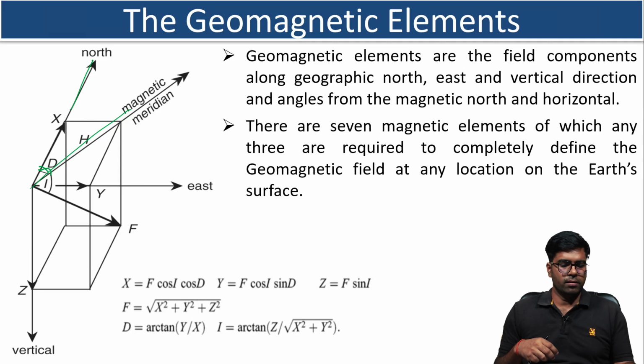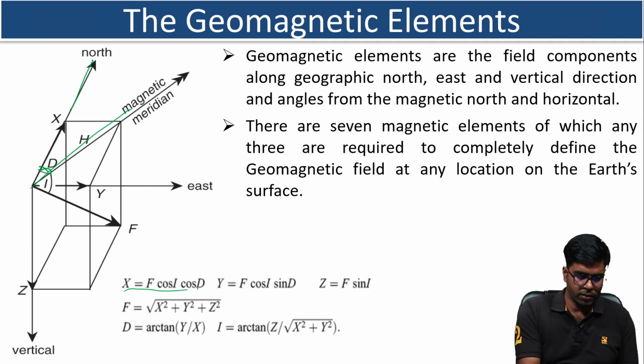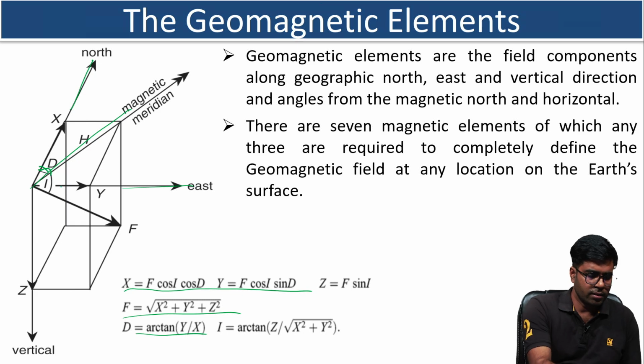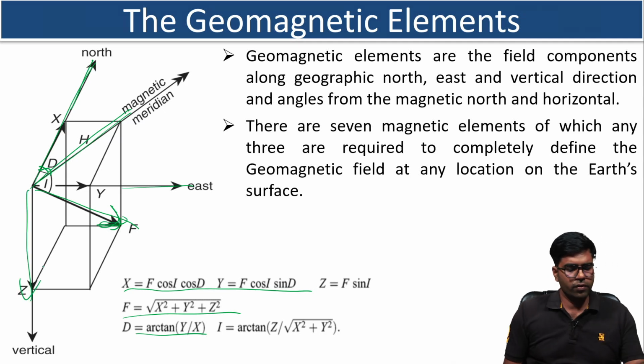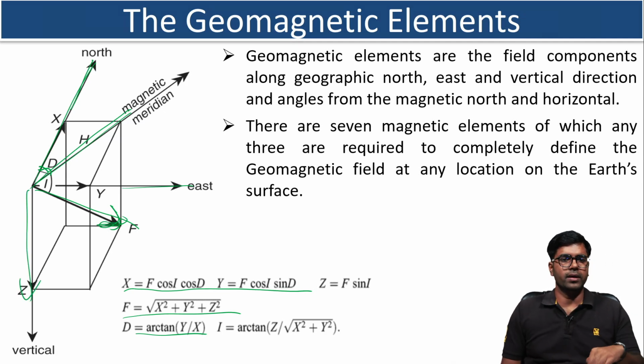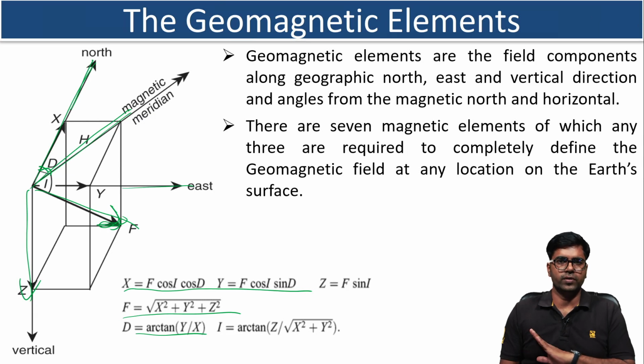These are some relations between those components. We can see the east component, the north component, the horizontal component, the total field, the direction of the total field, and the vertical component. The total field is dipping downwards in the northern hemisphere, and we use a general sign convention.